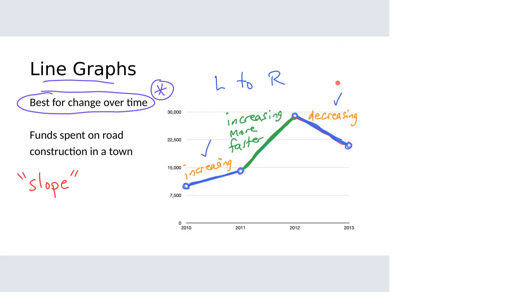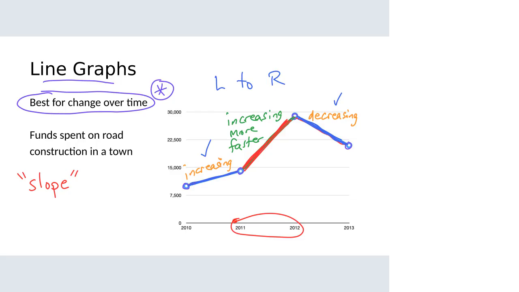We would say, well, the increase was more significant here from 2011 to 2012. A really nice question for this would be maybe a matching or a multiple choice question that says, there are two places in this picture where the spending on road construction was increasing. Over which years did it increase more? And then 2011 to 2012 would be the answer.